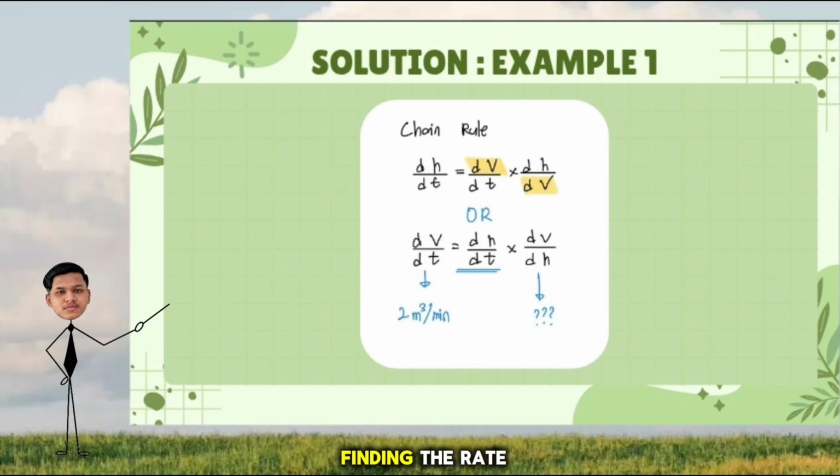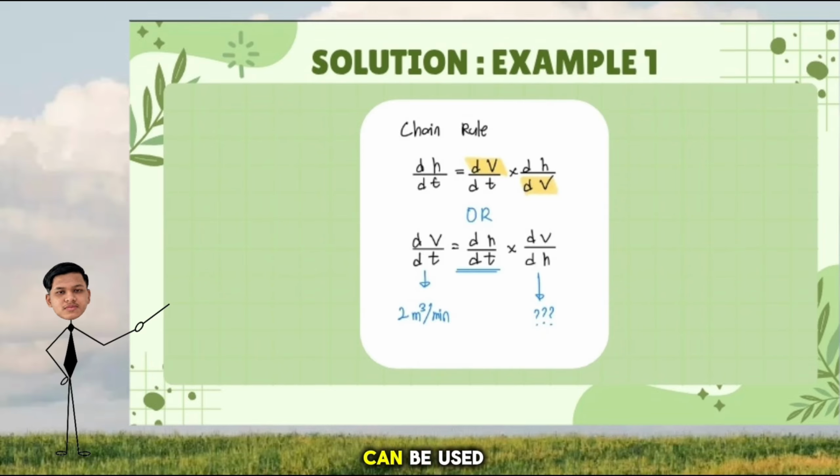Given that we were tasked with finding the rate of change of depth, what we are looking for is dh over dt, and based on the chain rule, we can deduce that dh over dt equals dv over dt times dh over dv. And dv over dt is something we already know, as shown in the diagram, which was 2 meter cube per minute: dV, volume, over minute, dt.